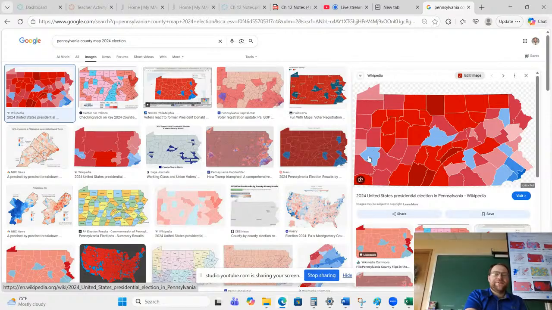What about this one? That's Pittsburgh. This one, Harrisburg probably, maybe Lancaster, like you said. Down here, it's Philly and its surrounding suburbs. So maybe Allentown would be around there.